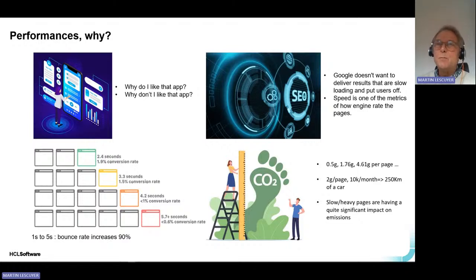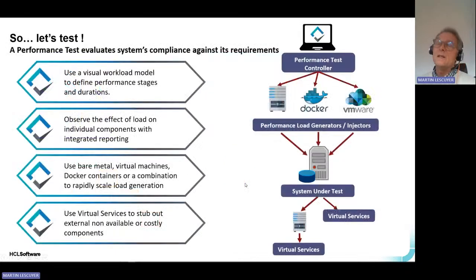So you really should be sensitive to making your application quick and smart, because it gives a better footprint. So for all those reasons, performance is really important. This is probably obvious, but I was thinking it was good to refresh. And so if it's so important, then let's test it.